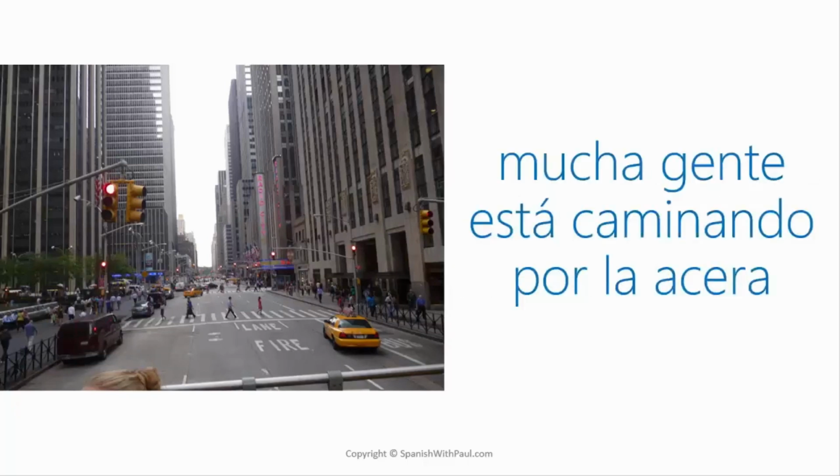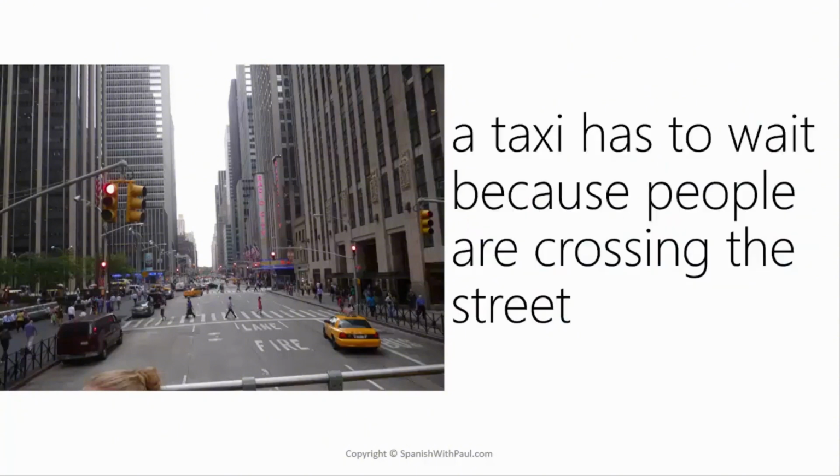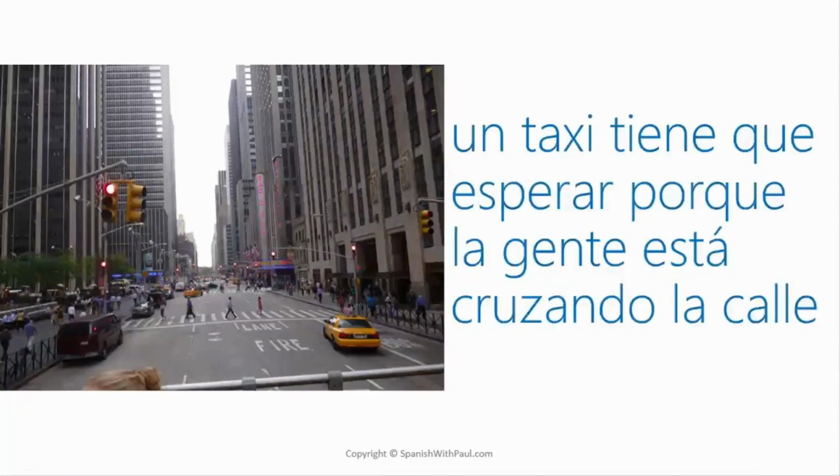Mucha gente está caminando por la acera. A taxi has to wait because people are crossing the street. Un taxi tiene que esperar porque la gente está cruzando la calle.